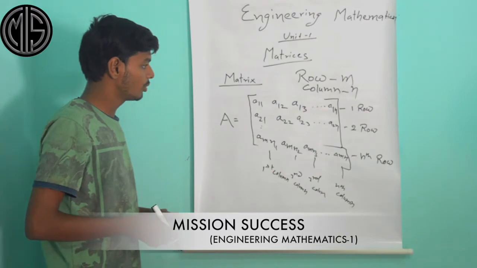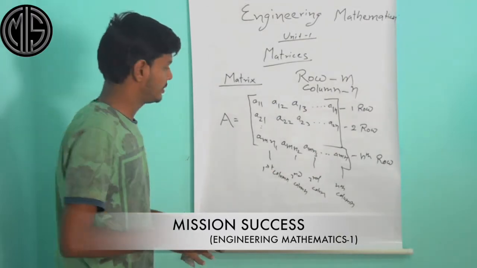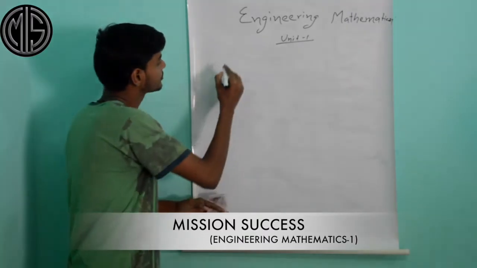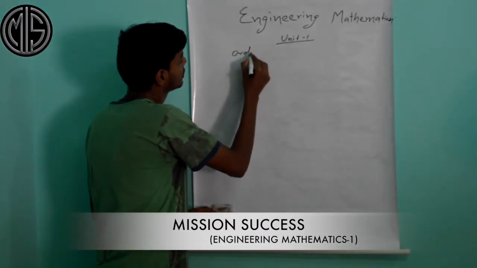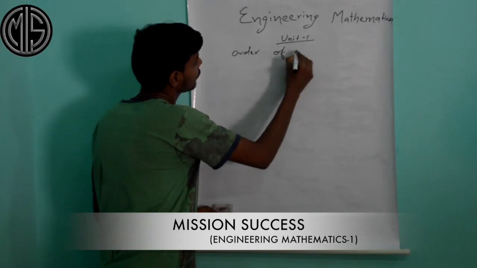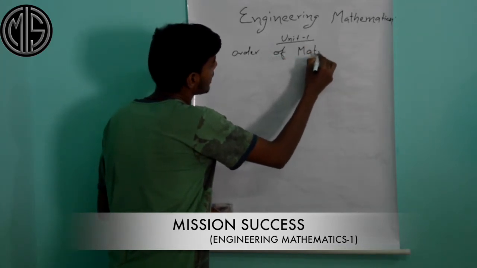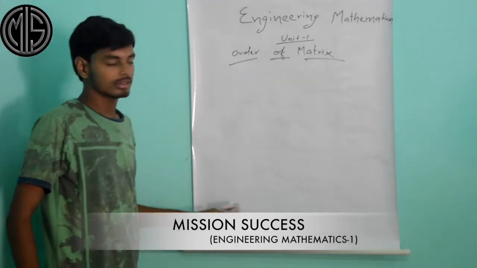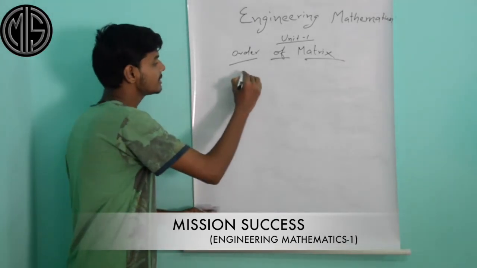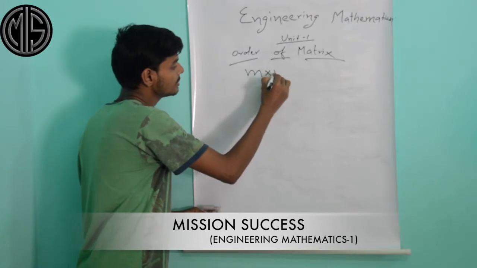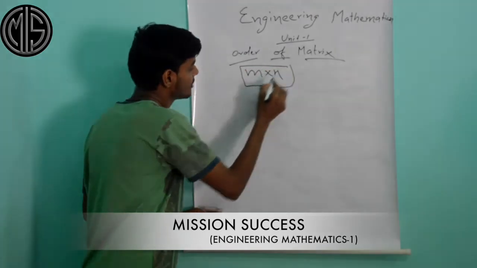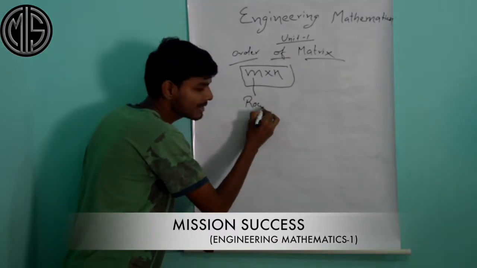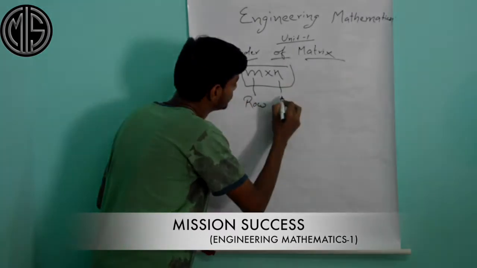Okay? Now I am going to tell you the order of matrix. It is represented as m Cartesian n. m means row and n means column.